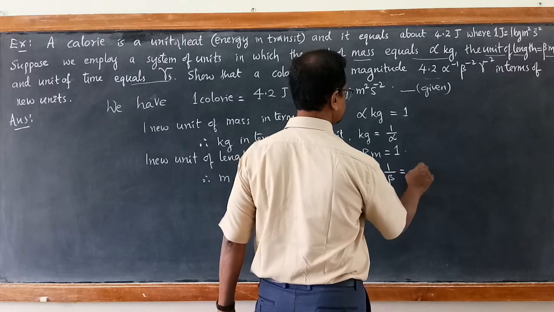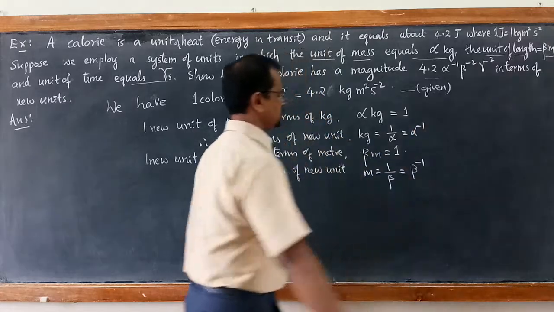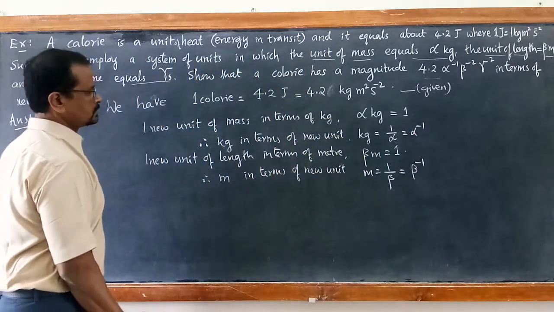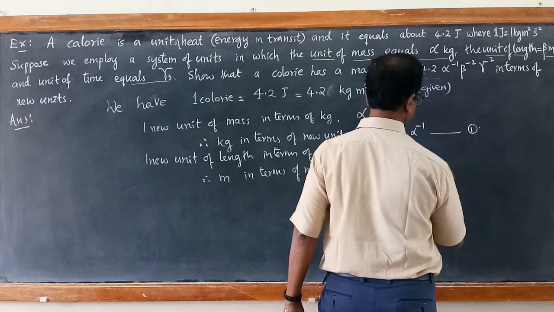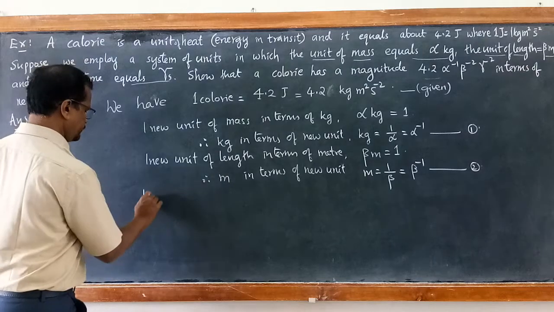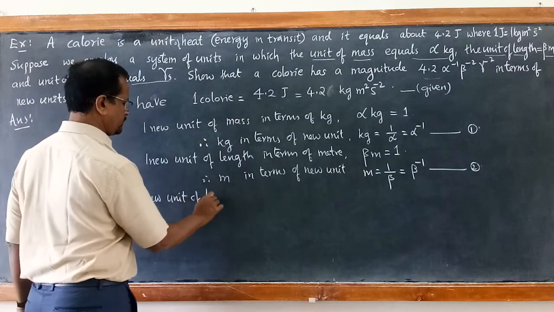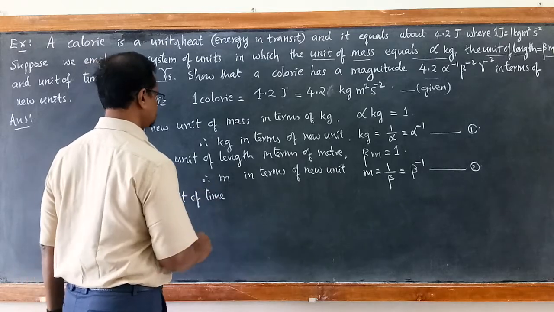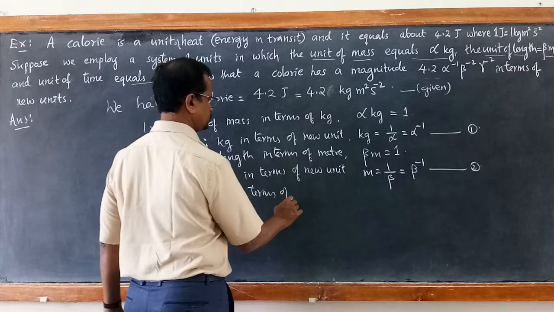So this you can write as beta raised to minus 1, alpha raised to minus 1. Call this as 1, this as 2. Now similarly, one new unit of time in terms of second.